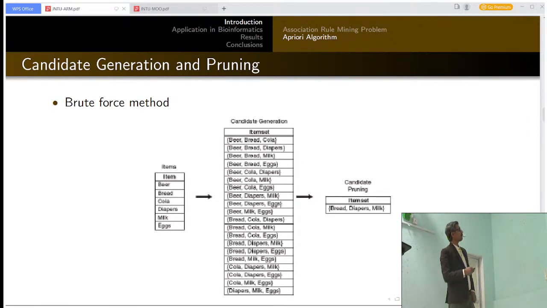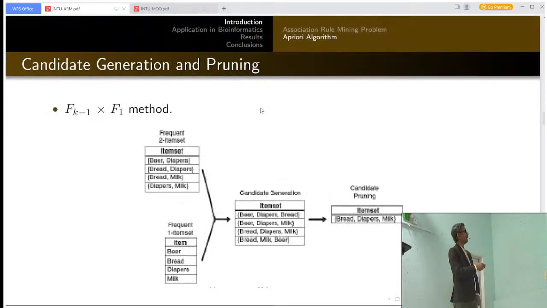But in the case of the Apriori algorithm, we can proceed in this way. This is called the F(k minus 1) cross F1 method to generate Fk itemsets. Suppose we have all frequent 1-itemsets, and we have already generated all frequent 2-itemsets. We combine them. How do we combine? Suppose we have beer and diapers, and with them we combine bread, that will be 1, and so on.